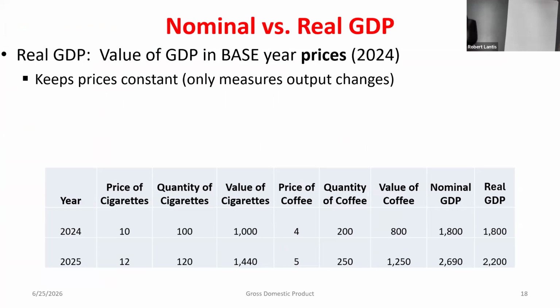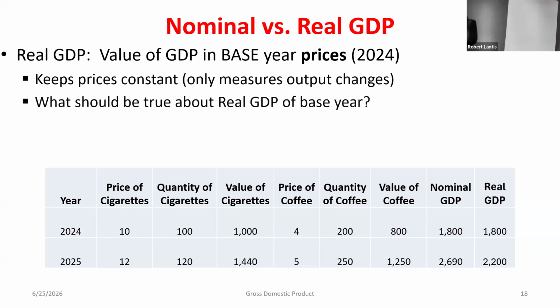So when we're looking at inflation, we wanted to measure how much prices were changing. So we kept the quantity or the number of units in our market basket constant across time. GDP is a measure of output, so we want to keep prices constant. So here, what are our constant prices going to be? Whatever base year that we choose.